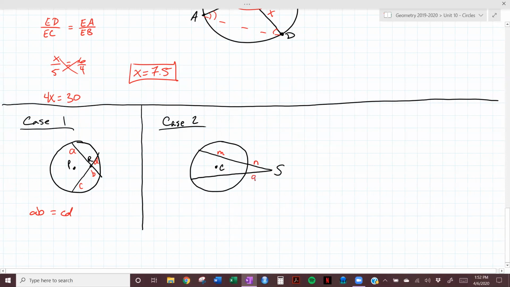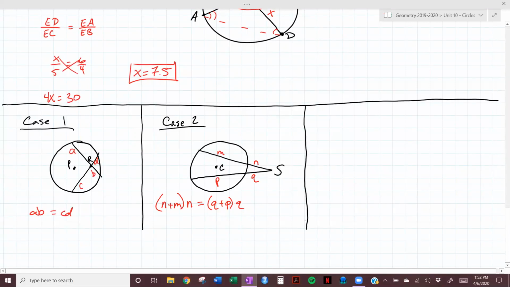Q is right here, and sorry, that looks like a 9. Q right there, and P right here. So if this is the case, you have your sides N plus M times the length N equals Q plus P times the length Q. So it's outside plus inside times the outside equals outside plus inside times the outside again. Okay, that is case number 2.